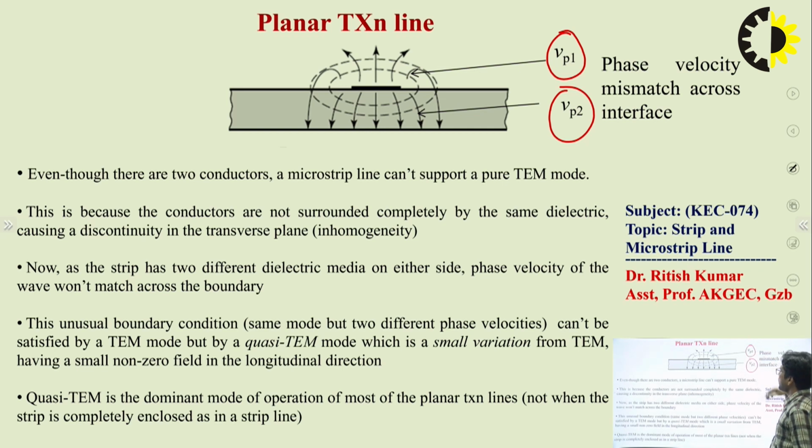These two phase velocities will always be different, because the dielectric constant of air is equal to 1 and this has a certain value greater than 1, which changes the phase velocity of the wave.